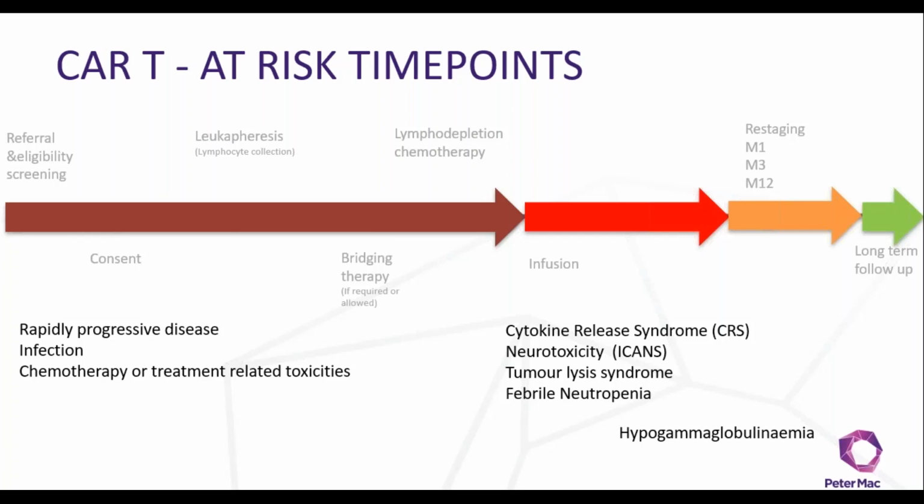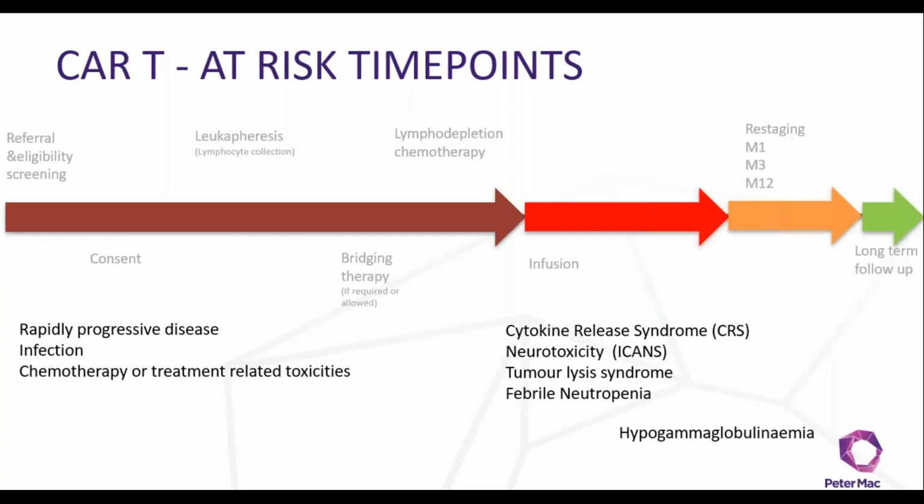So in that dark, almost brown, your key concern from meeting the patient to the time of their infusion is rapidly progressive disease. I've already mentioned that it's an exclusion criteria. And so if you have a patient with cryopreserved cells that may have progressed, then you have a bit more movement to be able to try and control their disease before you infuse them.